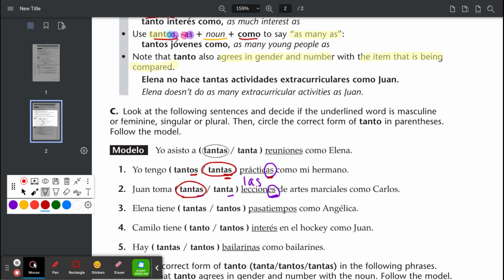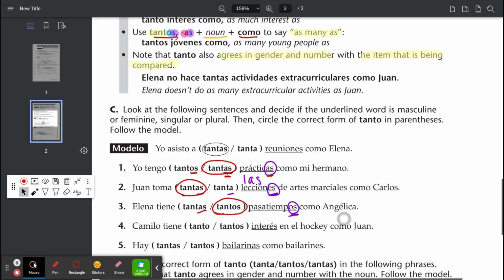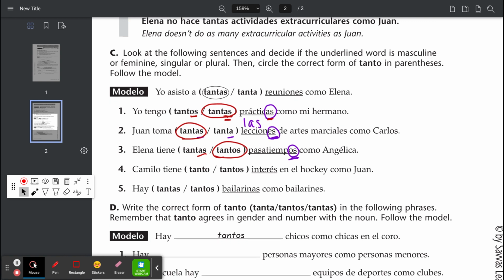Number 3, Elena tiene blank pasatiempos como Angélica. Pasatiempos is masculine and plural, so therefore we would use tantos, not tantas. Tantas is feminine. Number 4, Camilo tiene blank interés en el hockey como Juan.